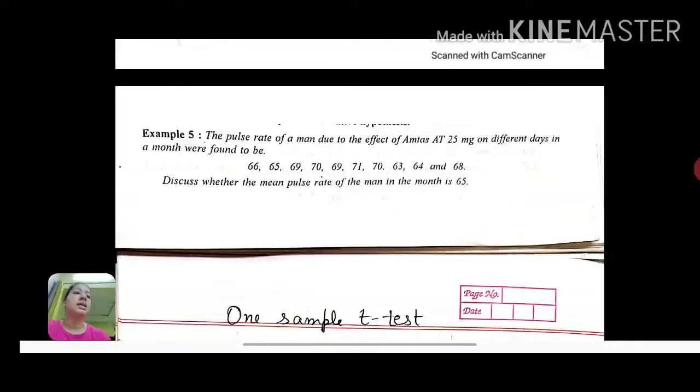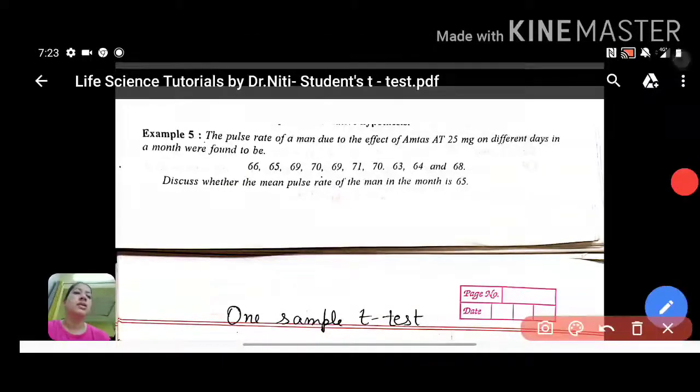Now, in that example, you can see that a sample is given to you, and that sample consisted of around 10 observations. We have to compare the mean of that sample with the mean that is given to you, this is 65.